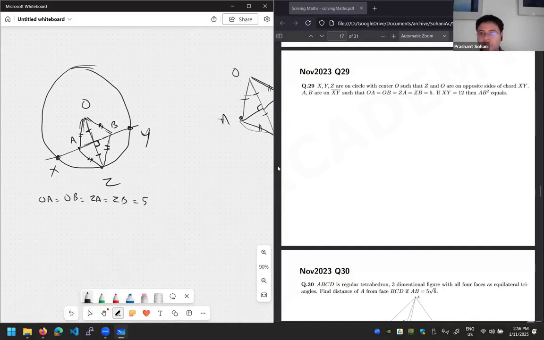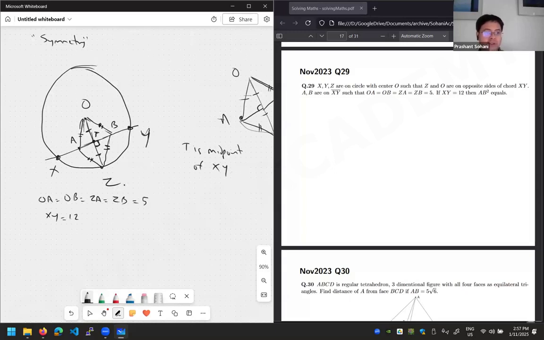Okay, and then what else is given? XY is 12. Okay, so we know that XY is 12. But now if you observe, again, we are relying on a concept of symmetry, which we have seen so many times, that even without proving it, if I label this point as T, then T is the midpoint of XY.